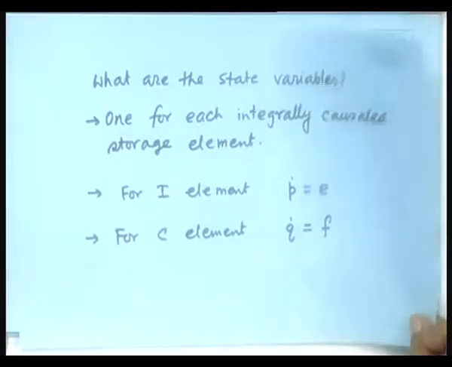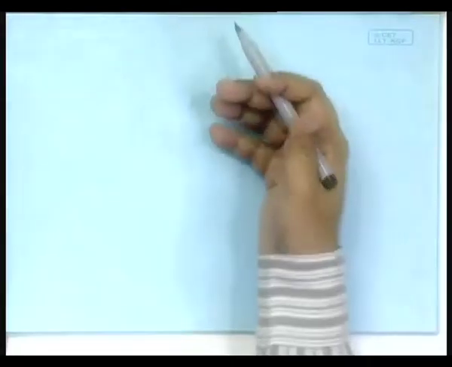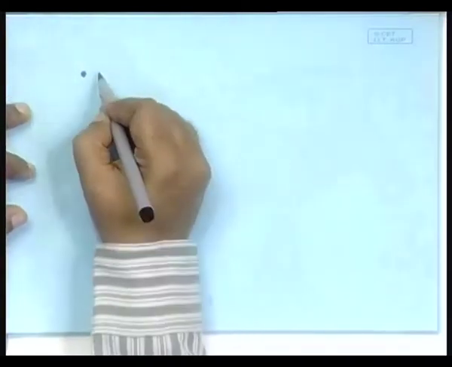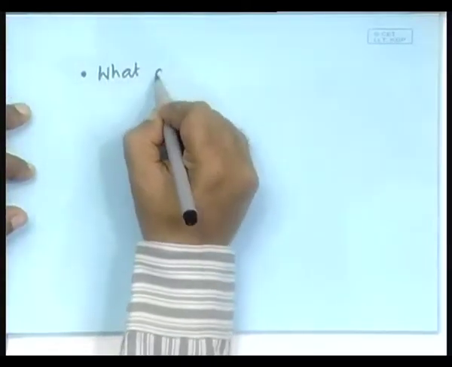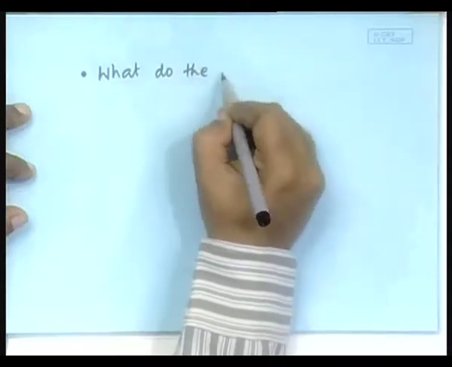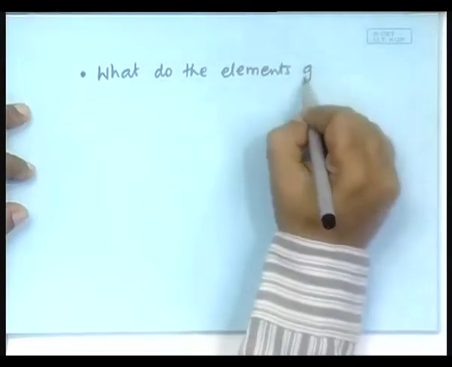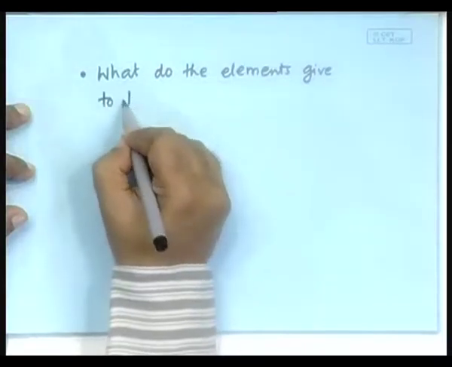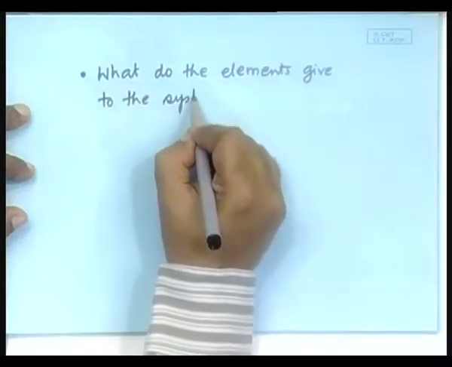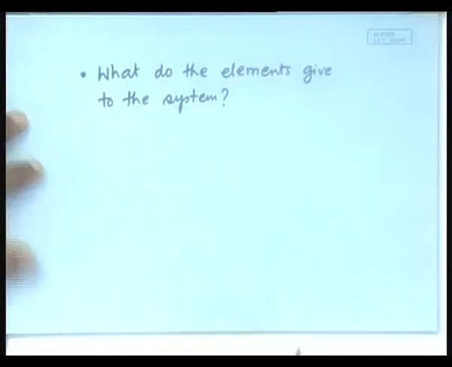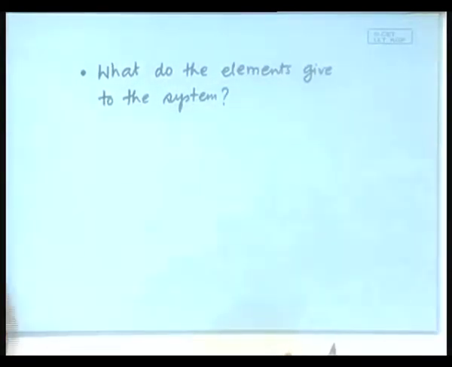Next, we ask exactly two questions, and the moment we answer the two questions the equations come out, simple. So, what are the two questions? First, every element actually gives something to the system.